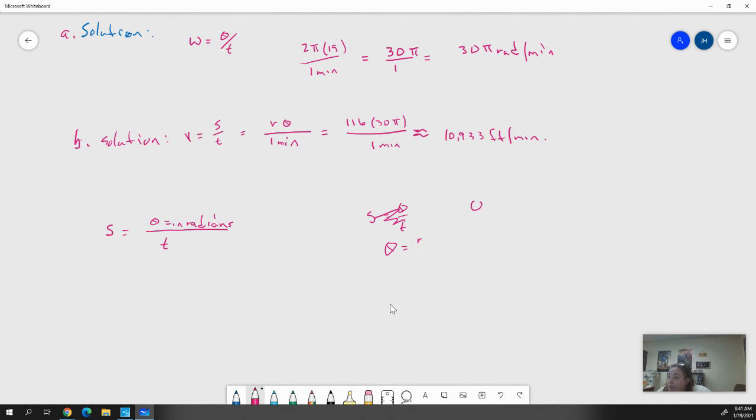But S also equals the radius times theta, right? That is all I can think of today because I'm sorry, I'm just so out of it.